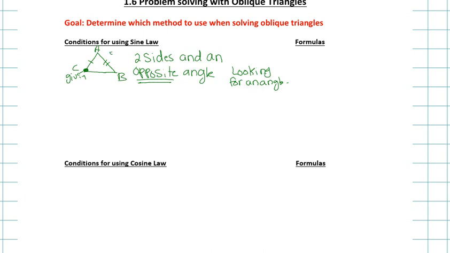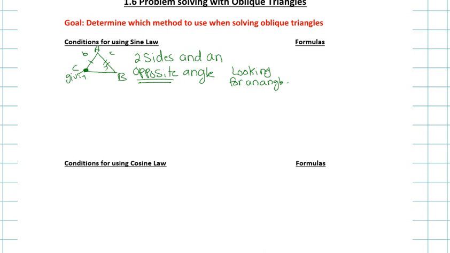What angle can you solve for? Angle B. So it's opposite, because you know side C. You know angle C, you know side C, you know side B, so you can look for angle B. That's the only angle you can solve for as of now.